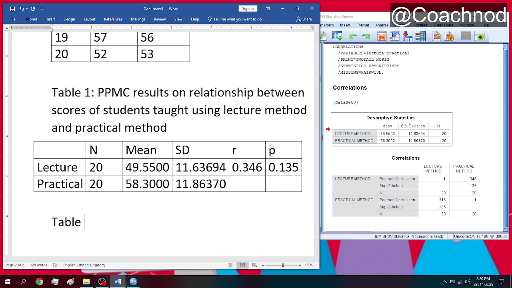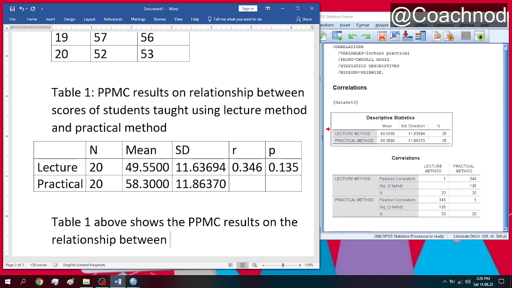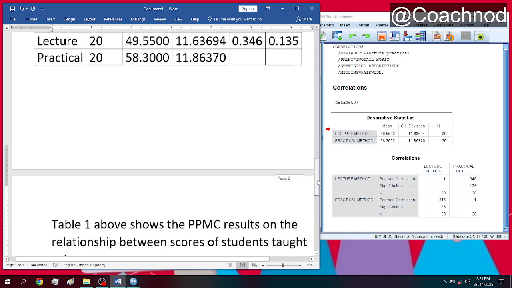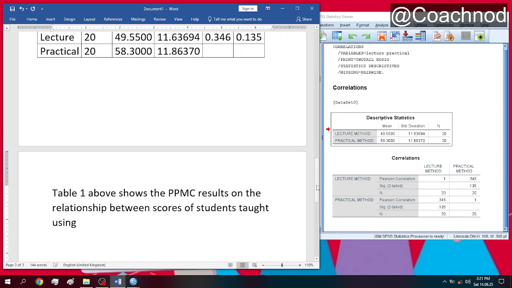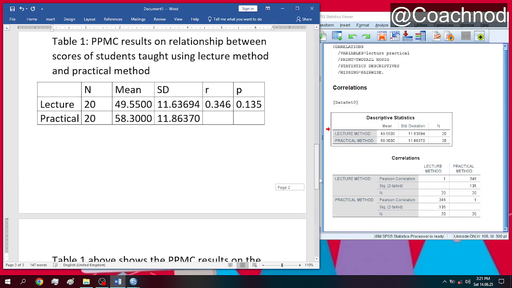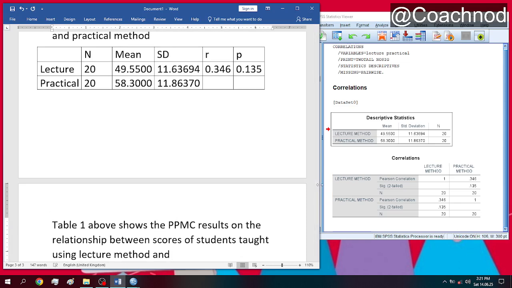So let's interpret. Table 1 above shows the PPMC result on the relationship between scores of students taught using lecture method and practical method.